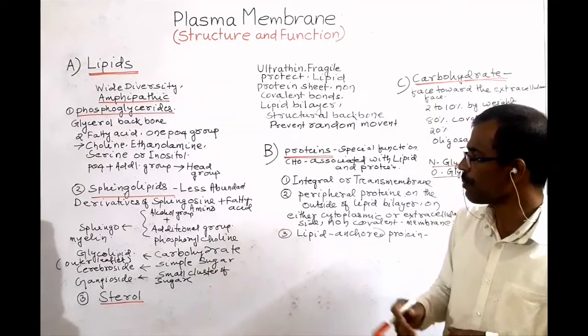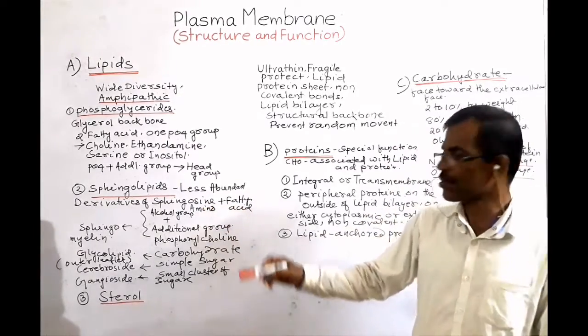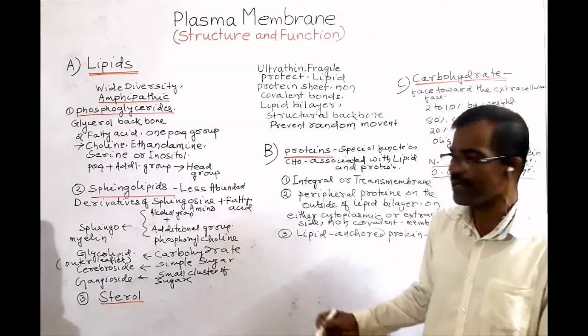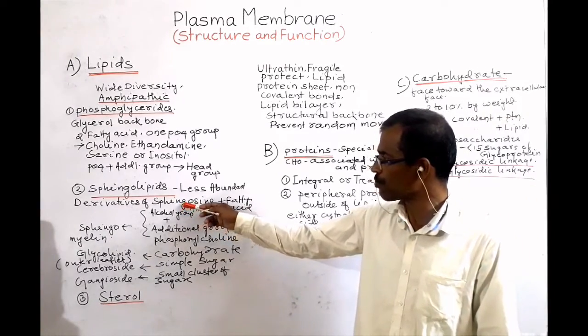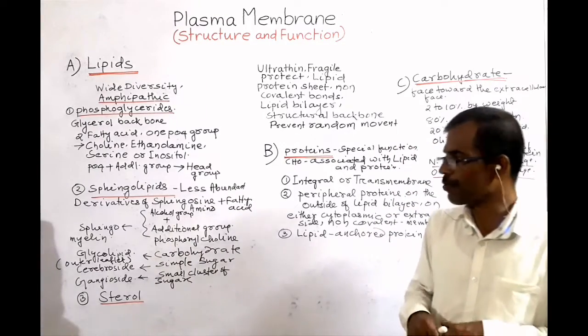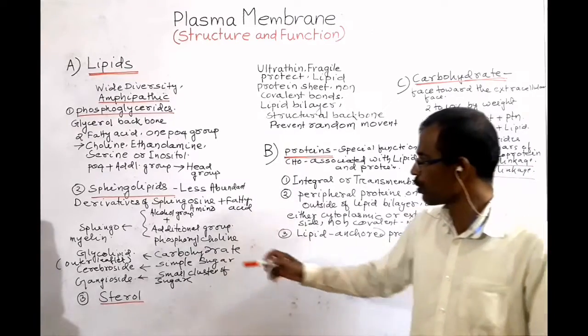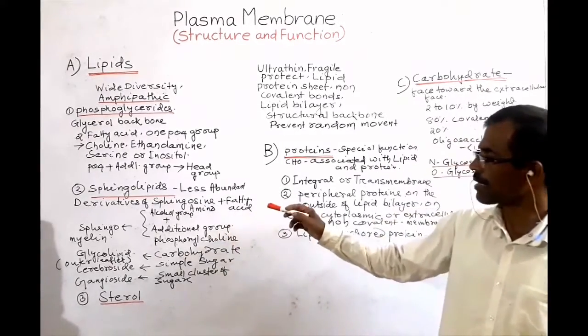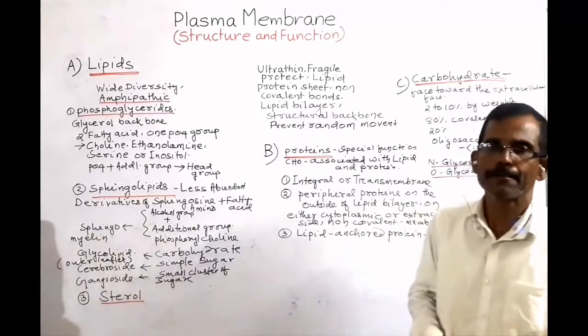In sphingolipids, the amino group of sphingosine is associated with a fatty acid, and the hydroxyl group present in the sphingosine is associated with an additional group. If the additional group is phosphorylcholine, then that type of sphingolipid is called sphingomyelin.